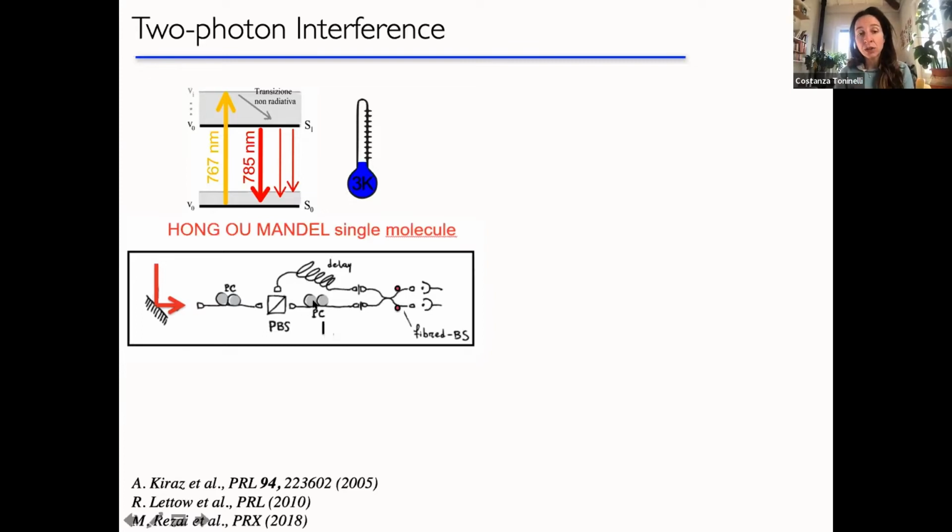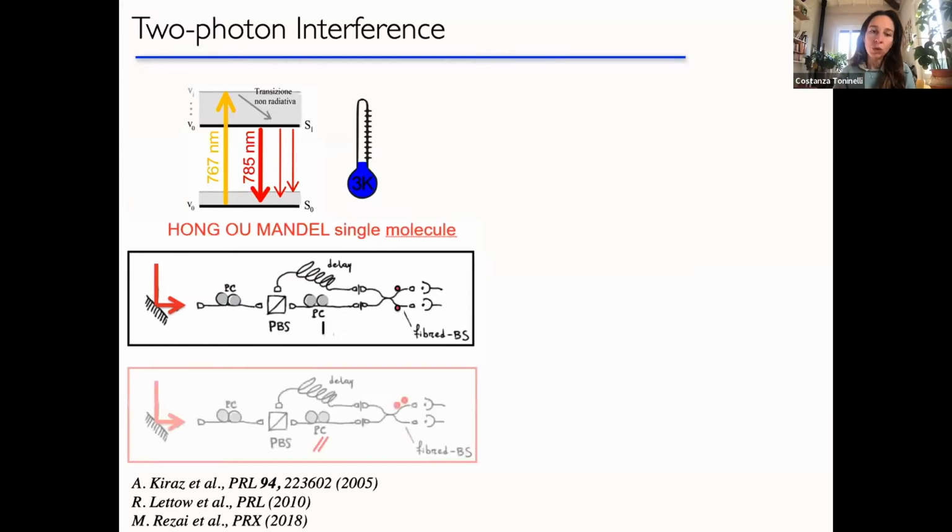And second, we have a polarization controller on the other arm. We need this because we want to provide the visibility figure of merit in this interference experiment. And if you want to give a visibility, you typically need to compare the interfering versus the non-interfering case. This is done by switching between orthogonal and parallel polarization.